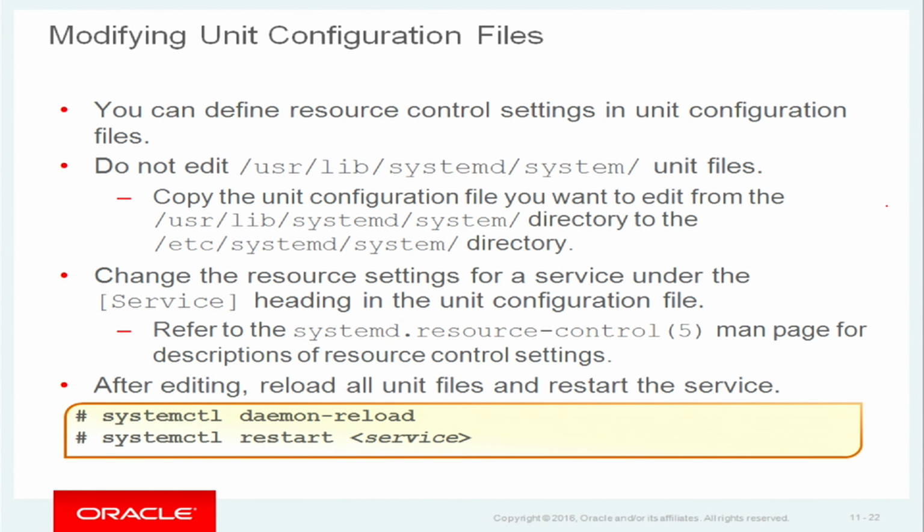So all this information is stored in files. The real files are in /usr/lib/systemd/system, and you copy them from there over to /etc/systemd/system. We did that back in the lesson on booting.